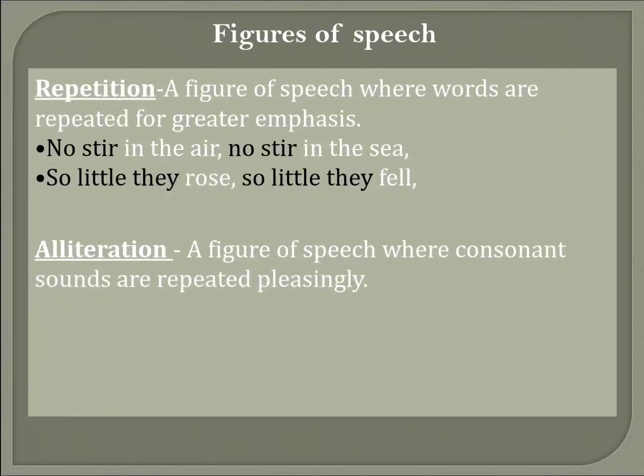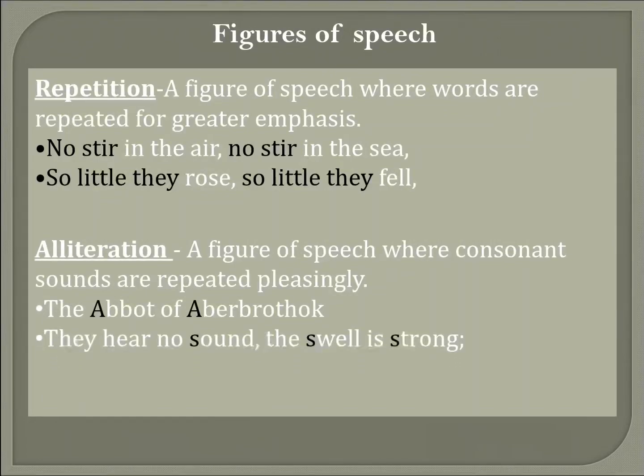Alliteration is a figure of speech where consonant sounds are repeated pleasingly. The examples from the poem are: the Abbot of Aberbrothock. In this line, the sound of A is repeated. They hear no sound, the swell is strong.